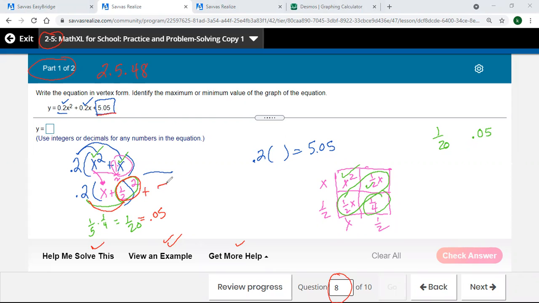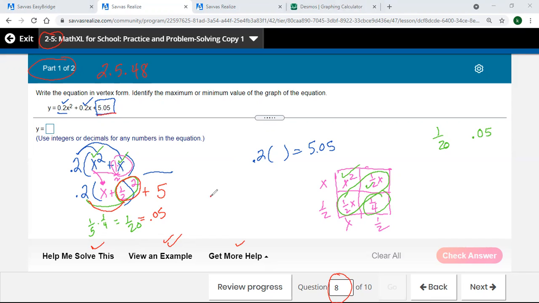So out here, we still need another 5 to make this equal the original problem. Oh, that is so gross with those fractions and decimals. And again, if you watch the videos where you go through the help me solve this, view an example, sometimes there's slightly different methods for this.